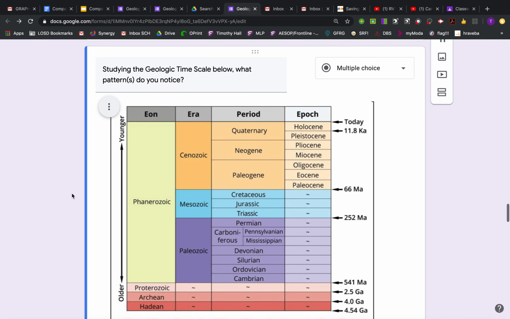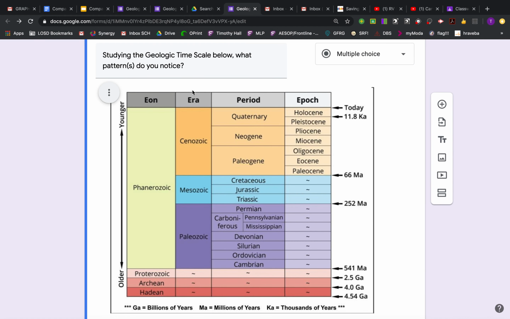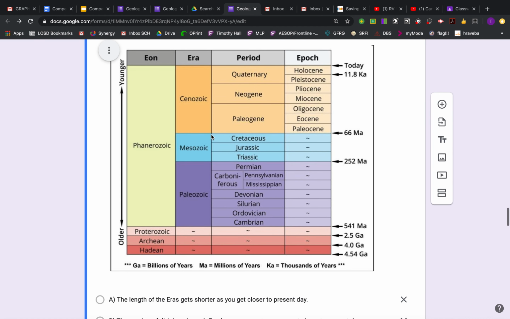All right. Next question. Studying the geologic timescale below, what patterns do you notice? Well, notice how things become more detailed and the divisions of time become smaller. Now, the Phanerozoic looks like it's a really long period of time because it's a really tall box, right? But if you pay attention to the numbers, this is 541 million years, and the Proterozoic was, let's do some math here, more than 2 billion years longer.